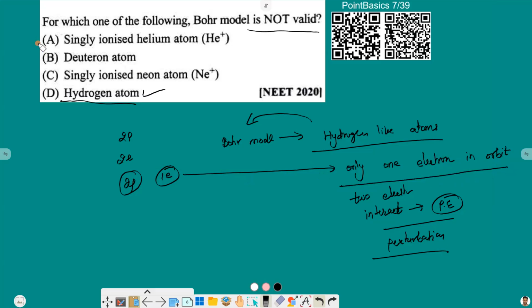So singly ionized helium atom is going to obey it. Deuterium atom is basically hydrogen atom, so it is also going to obey. Hydrogen atom obeys, so we have only option C left, where we have neon. We know that neon has, I think, 10 electrons. So if we remove one electron, then it will still have 9 electrons left. And due to these 9 excess electrons, we cannot apply Bohr model on it. So option C is the right answer here.